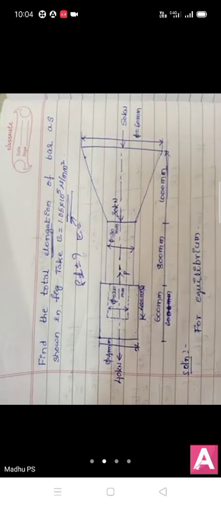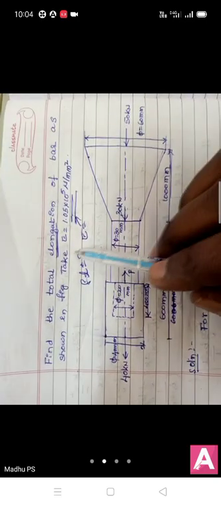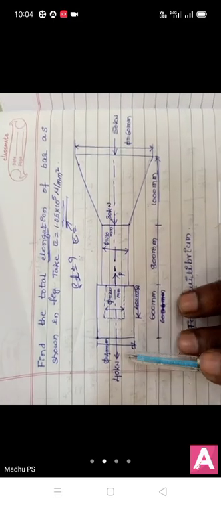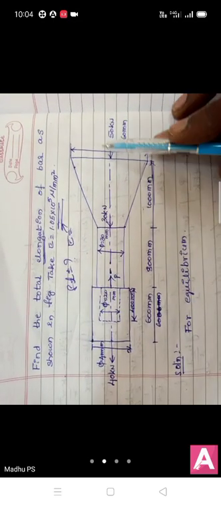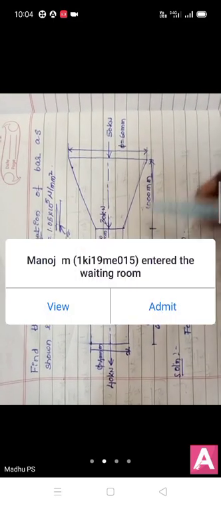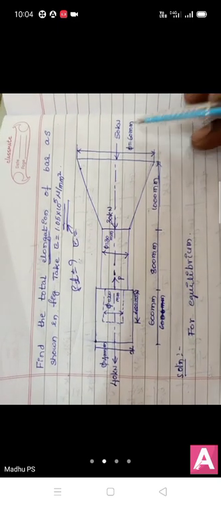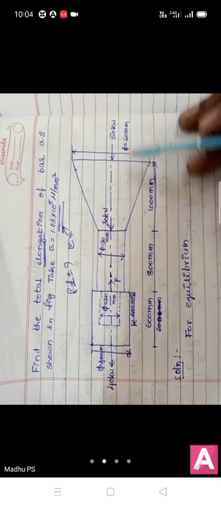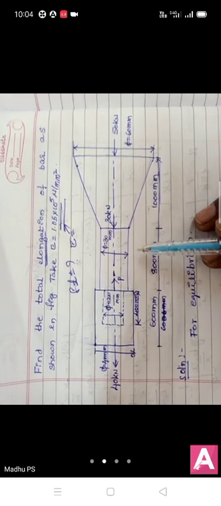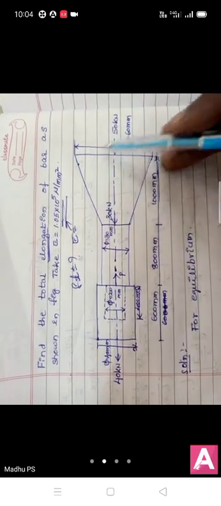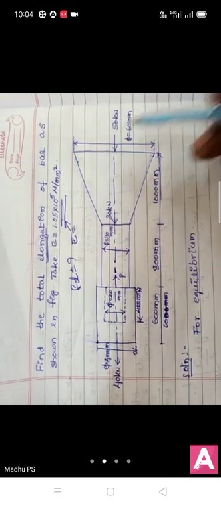These are the two things they mentioned in the problem definition, but in the sketch, the dimensions along with the loads, and the remaining lengths and diameters are given. So please observe here.